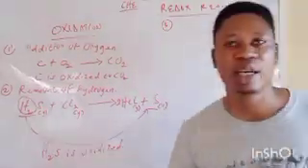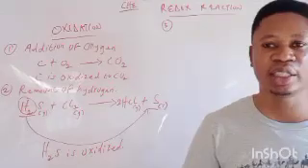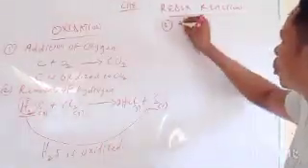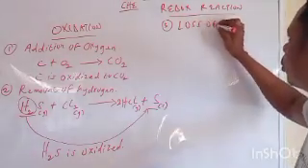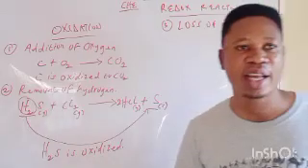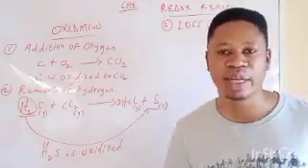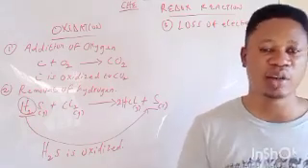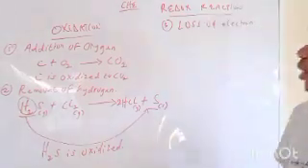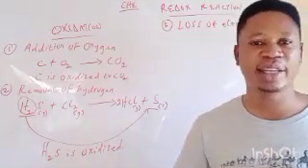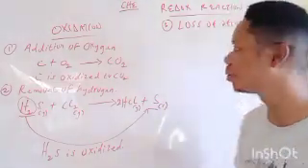The third way we can explain oxidation is the loss of electron. So whenever an element or compound loses electron, such compound or element is said to be oxidized. To make it very easy, loss of electron also means increase in the oxidation number.